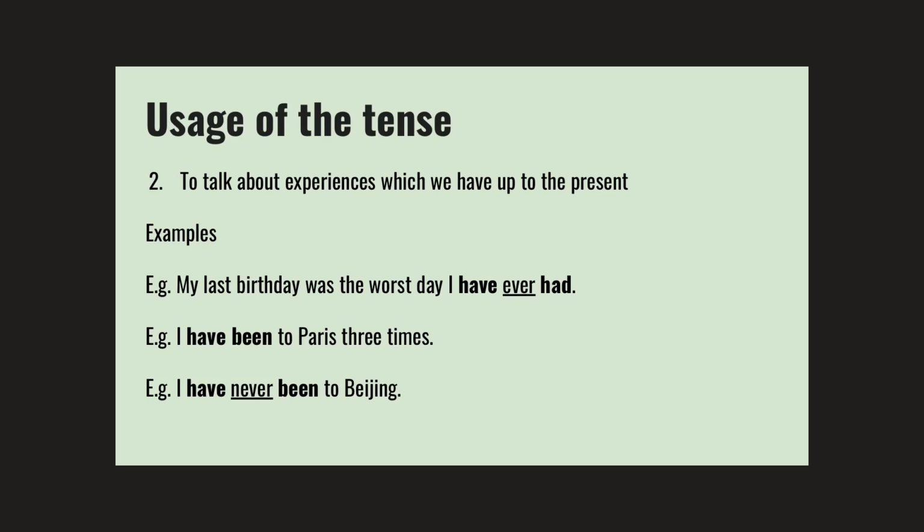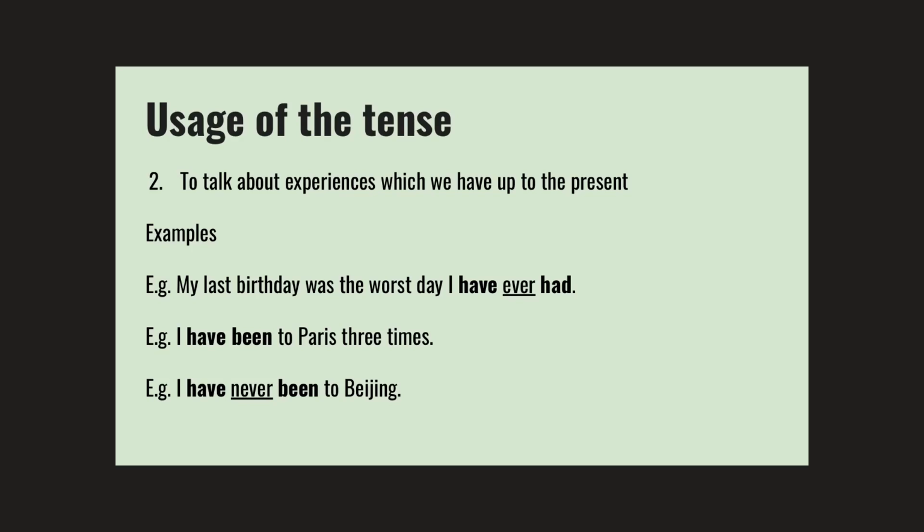That experience started in the past and continued in the present. So no matter how long it has passed since your last visit to Paris, you have still visited Paris 3 times if you haven't been there again, right? So this is your experience that you have up to the present.